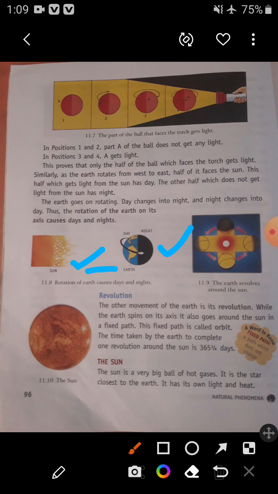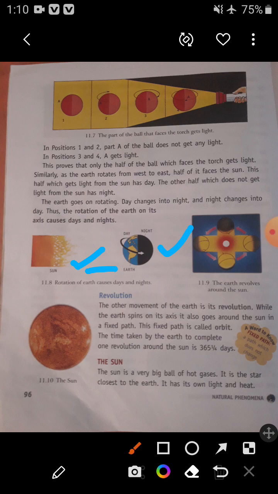Now we are going to discuss our next topic, that is the sun. So students, what do you know about the sun? The sun is a huge ball of fire that gives us heat and light and is at the center of our solar system.